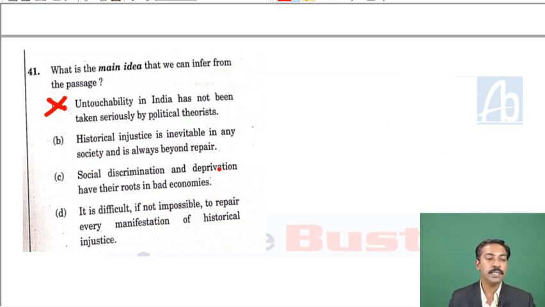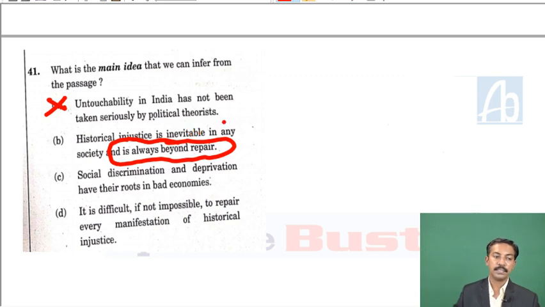Option B, historical injustice is inevitable in any society, perhaps seems to be right, and is always beyond repair. From the history of repair, in the last sentence, we cannot conclude that this is beyond repair, so B can also be eliminated. Option C, social discrimination and deprivation have their roots in bad economies.